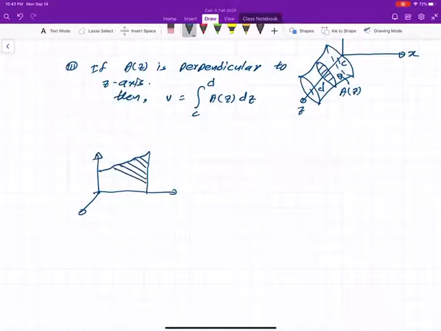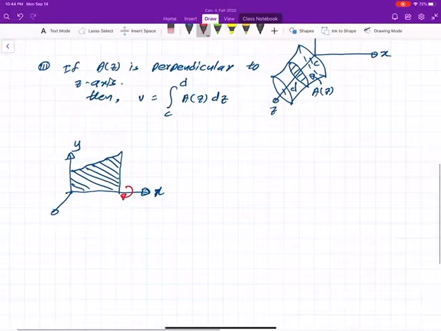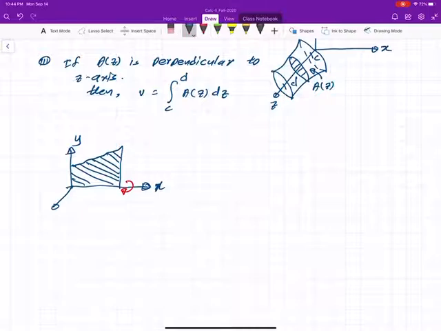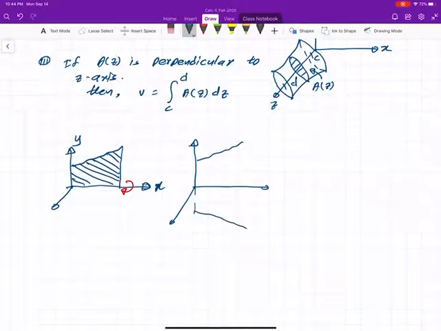You compute that area and then you rotate this curve about the x-axis. That will generate a volume. So the volume should look like this. Since you have rotated it, you have this volume.